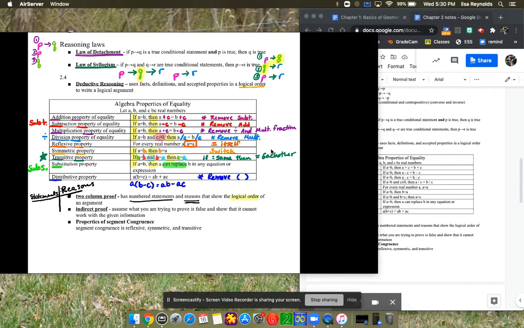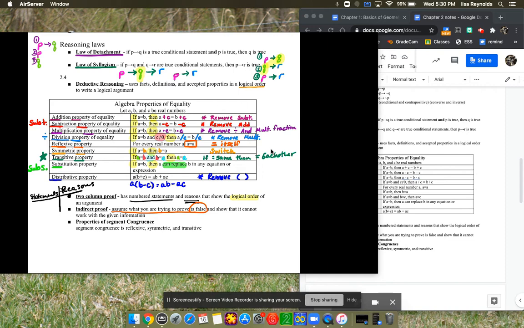We'll look at a couple of other ways to write proofs in a moment. There is also what is known as an indirect proof, and in an indirect proof, you assume what you're trying to prove is false. So your first step within this particular proof is to assume what you're trying to prove is false, and then you work backwards to show that that can't work with what we were given.